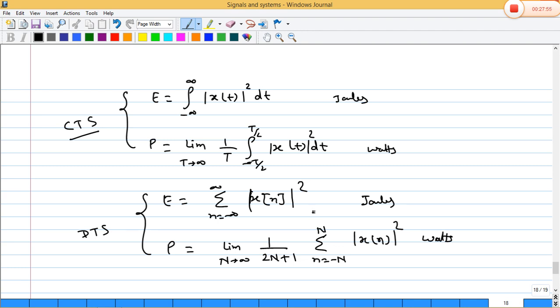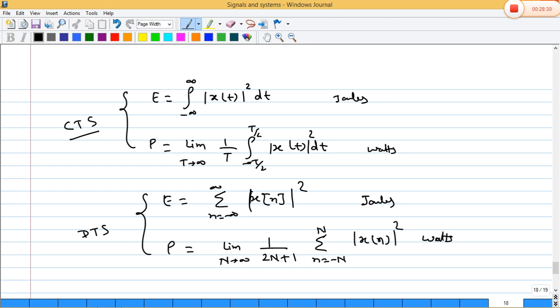But in that case, power should be 0. So if energy is finite, then power should be 0. Just consider one thing: if energy has some value, then power will be 0. Then that signal is said to be an energy signal.